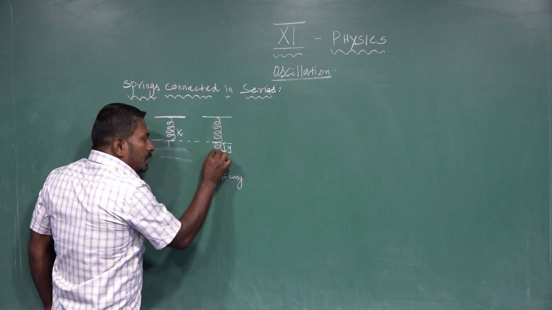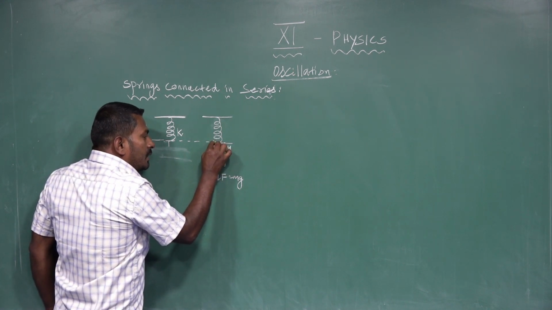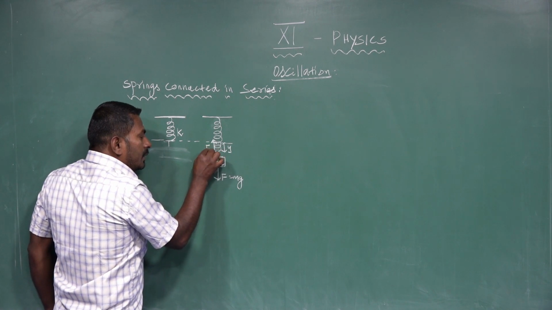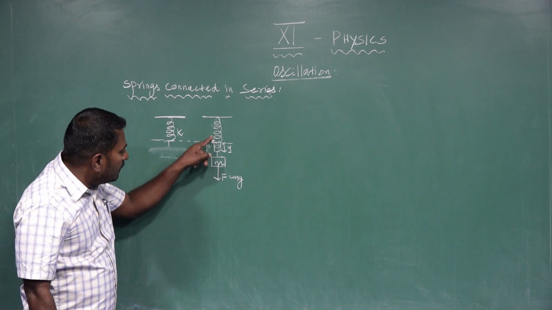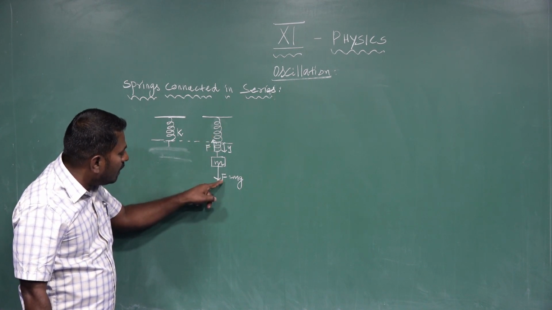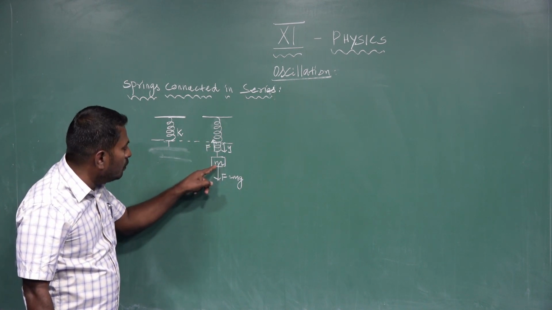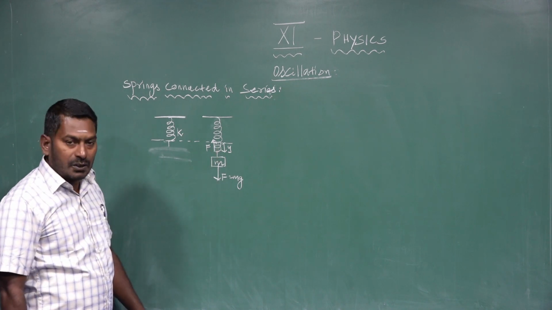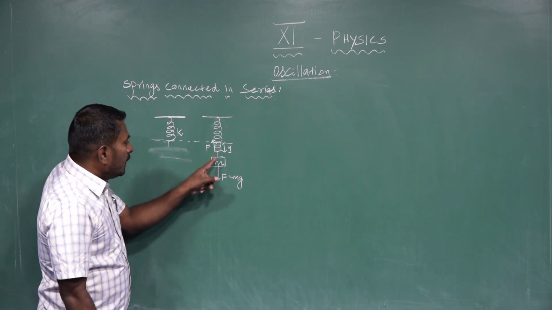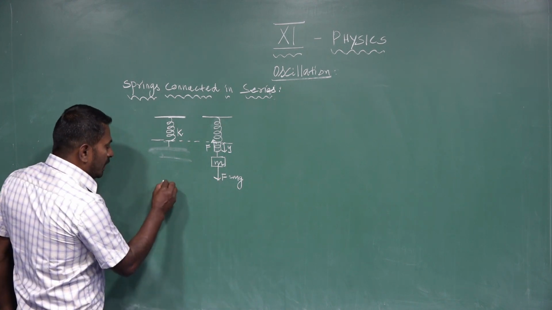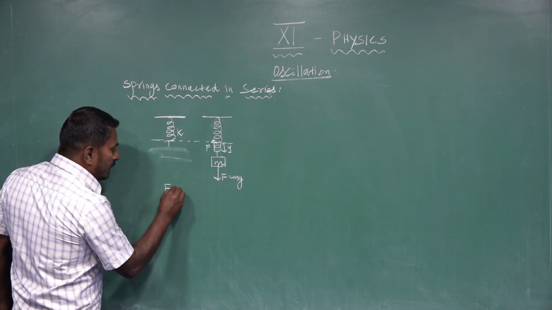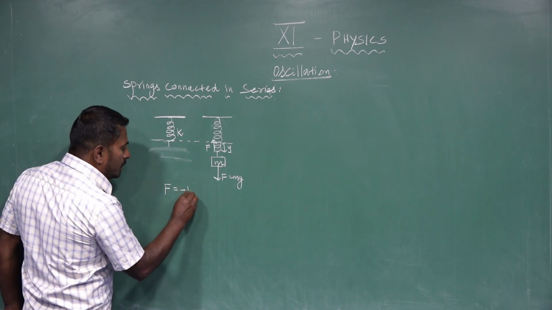During the displacement, a restoring force F is developed within the spring. The restoring force developed within the spring is the same as the gravitational force experienced by the load attached to the lower end of the spring. So the restoring force F is equal to minus Ky.